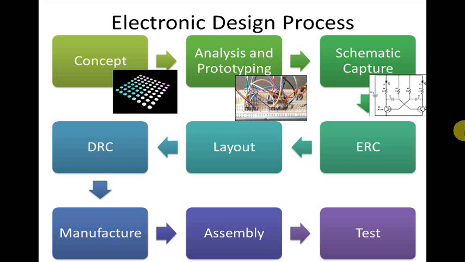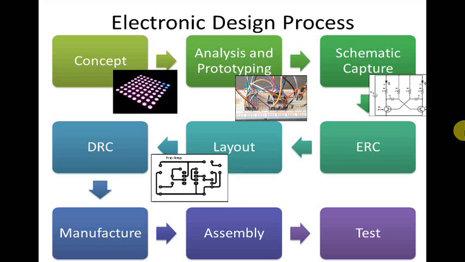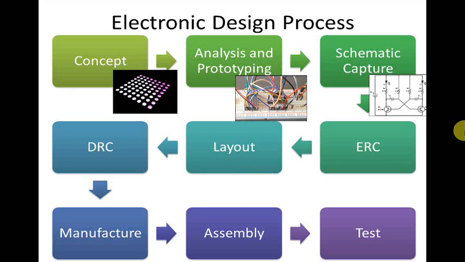It allows us to do a graphical representation of a schematic and then allow us to do some basic analysis on whether things are connected right or if there's any dangling circuits or anything like that, which is called electrical rule check, which is the ERC part in this diagram here.